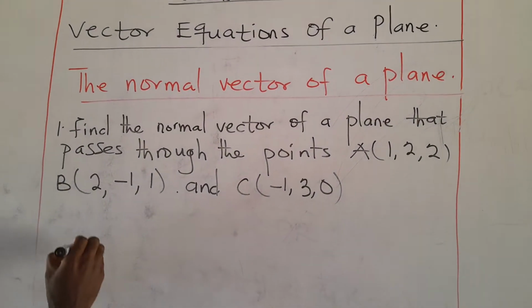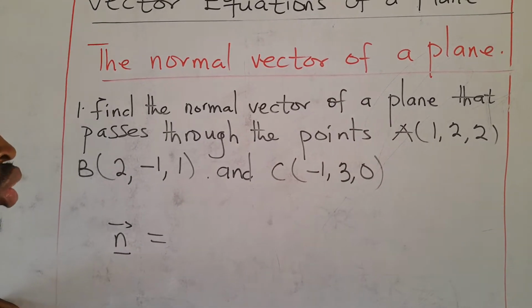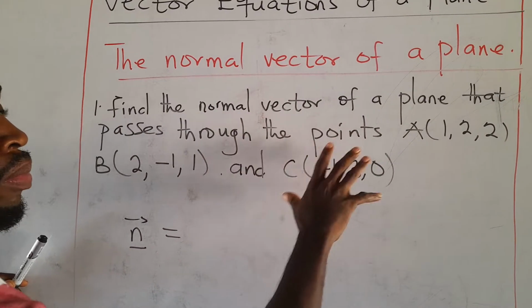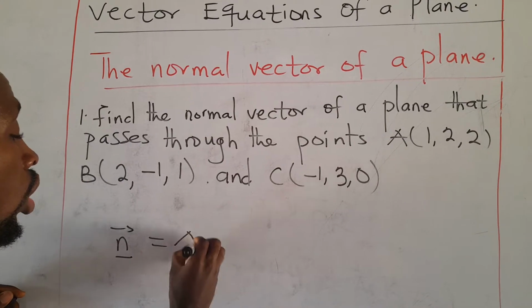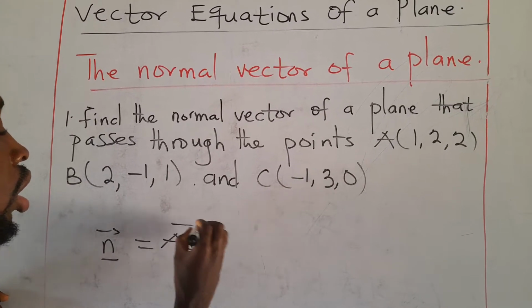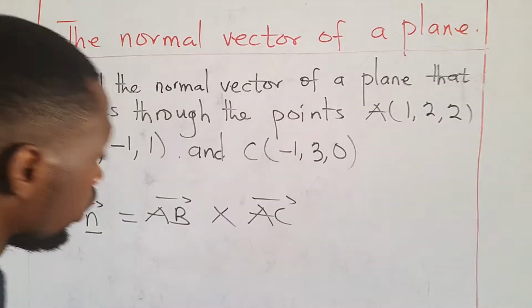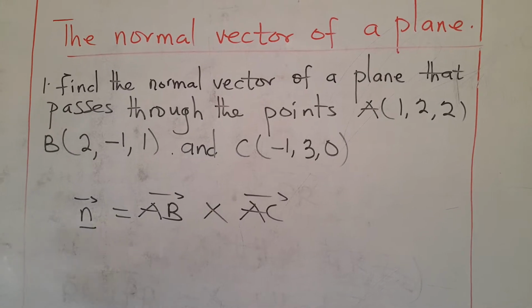We said that the normal vector n is equal to the cross product of the directional vectors of the 3 points. So we can say the normal vector n is equal to AB cross AC. So we need to find AB, we find AC, then we find the cross product.